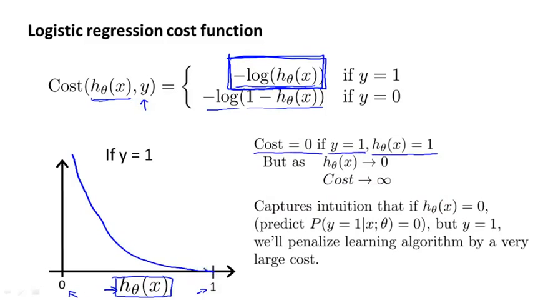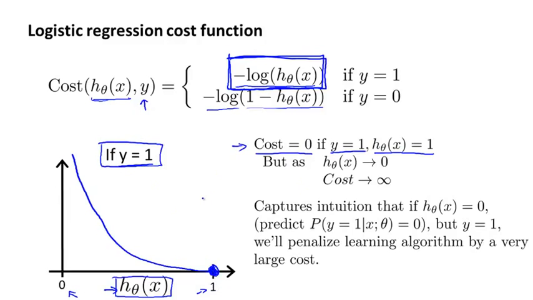First, notice that if h of x equals 1, if the hypothesis predicts that y is equal to 1, and if indeed y is equal to 1, then the cost is equal to 0. That corresponds to this point down here, right? If h of x is equal to 1, and we're only considering the case that y equals 1 here, then the cost is down here, is equal to 0.